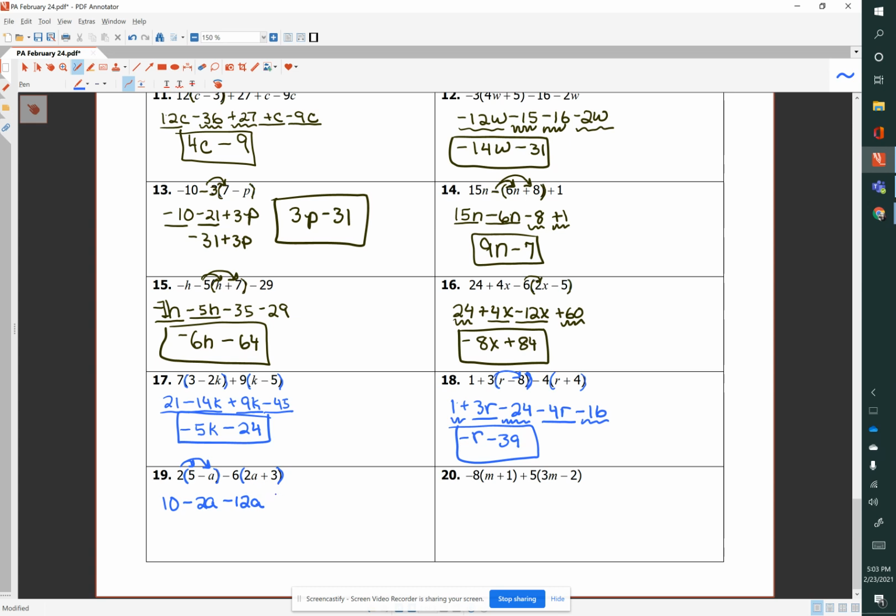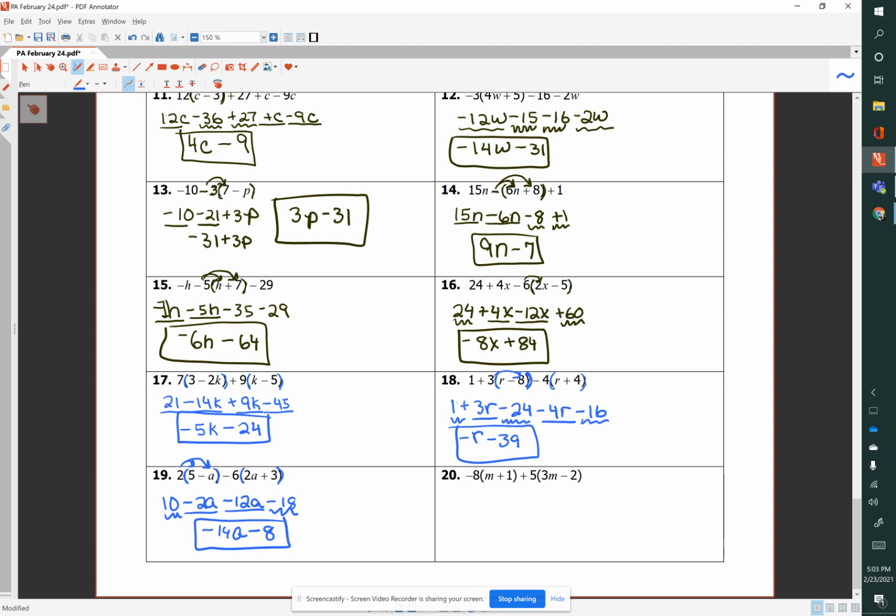And negative 6 times a positive 3 is negative 18. So negative 2a minus 12a is negative 14a. Let me make that a little bigger so you can see it a little better. It's a little too small. And then 10 minus 18 is negative 8.